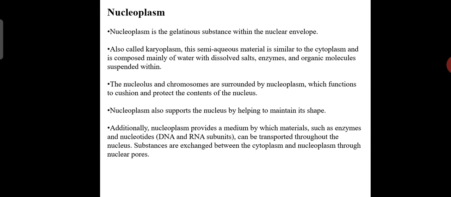The nucleolus and chromosomes are surrounded by the nucleoplasm, which functions to cushion and protect the contents of the nucleus. Nucleoplasm also supports the nucleus by helping to maintain its shape.